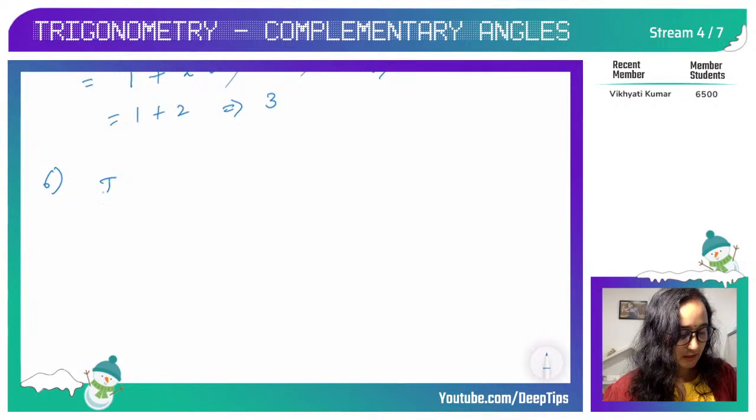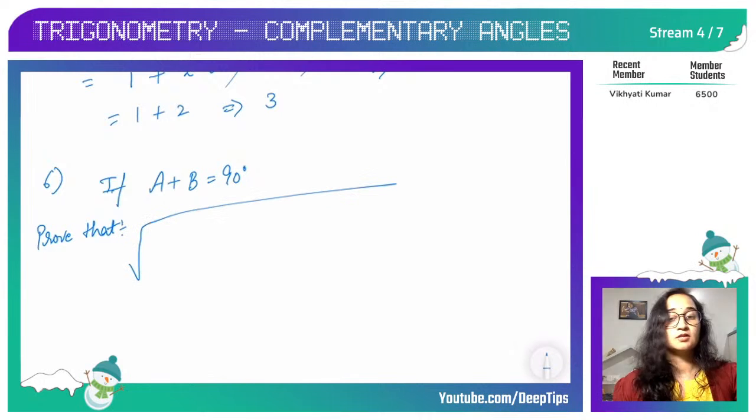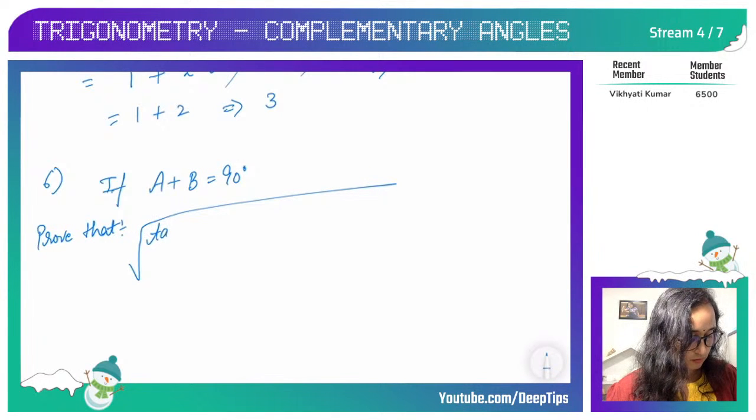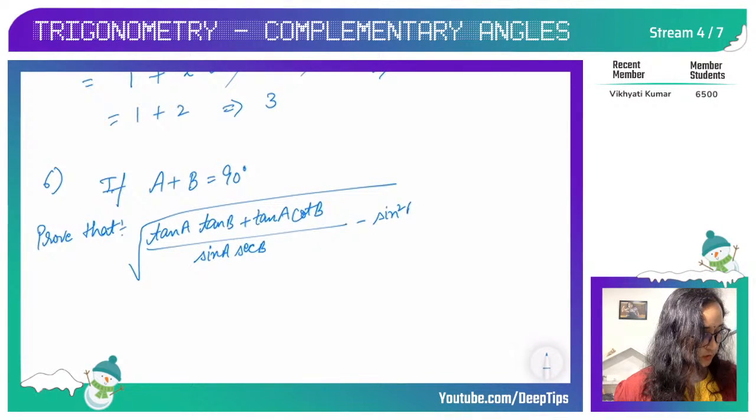It says if a plus b is equal to 90 degrees, then prove that, the whole thing is under a square root, tan a tan b plus tan a cot b upon sine a secant b, minus sine square b upon cos square a.